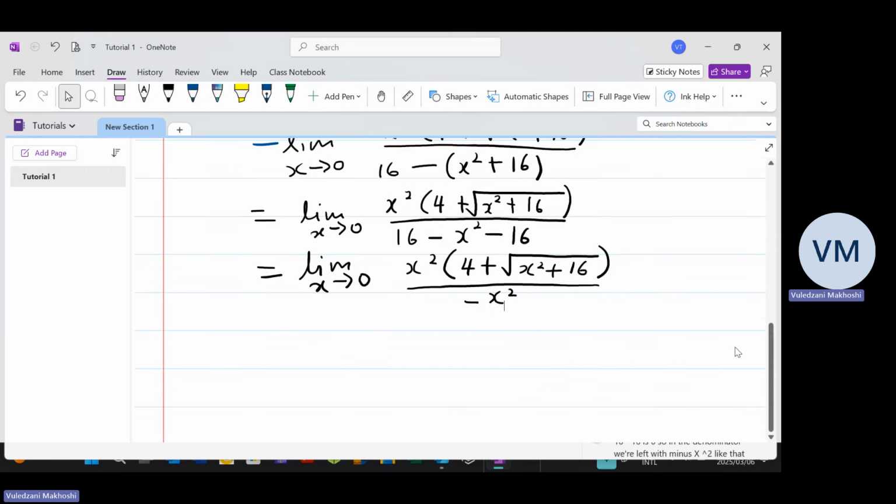Then when we move on, we see that this is going to be equal to the limit when x is approaching 0, x squared and x squared will cancel out.